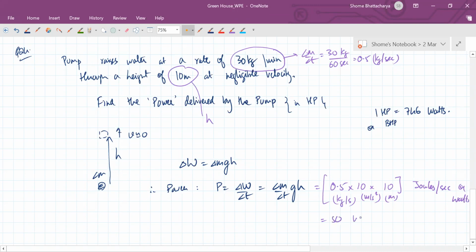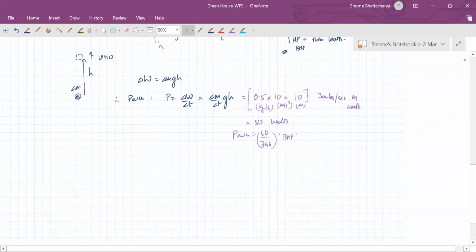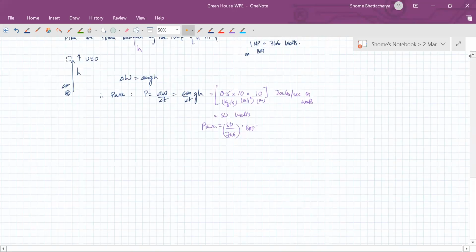So 50 watts. So that is 50 divided by 746 horsepowers or British horsepowers. So pretty simple question. Questions related to power are generally simple like this.